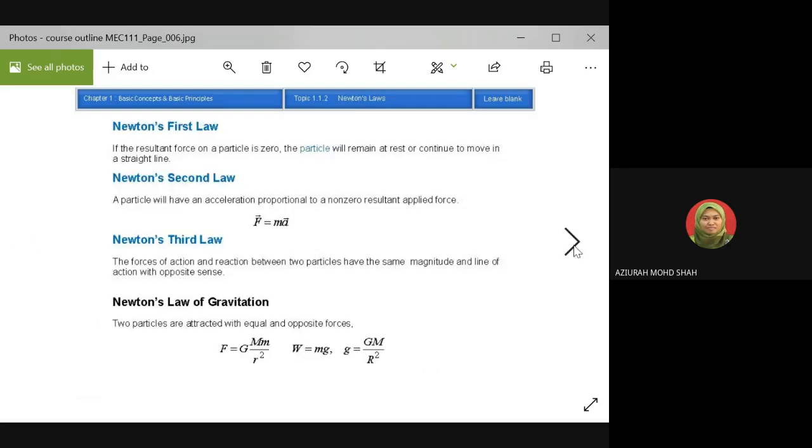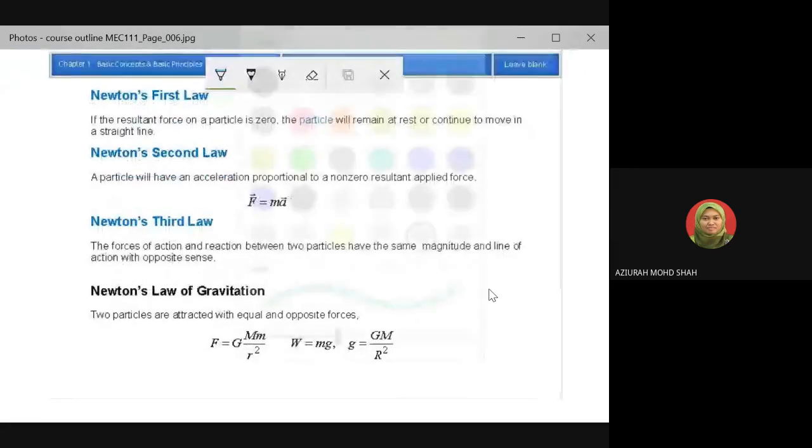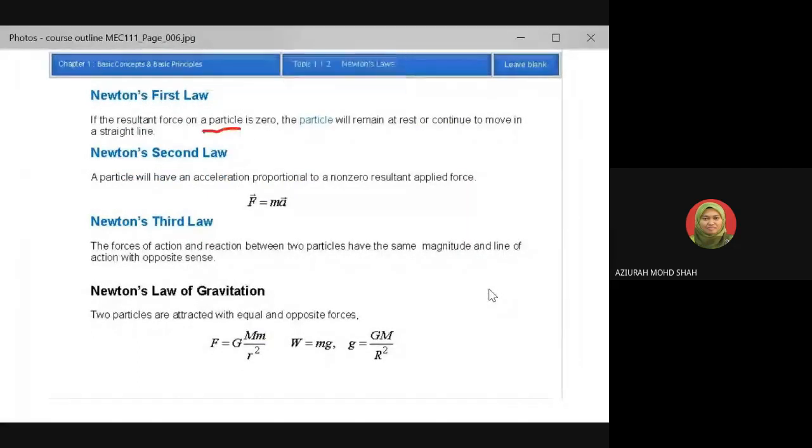Okay, dalam fizik, Newton first law, second law, third law, I don't think I want to refresh back ni, sebabnya kamu dah tengok dalam fizik. Okay, so in simple way, kalau Newton first law in terms of diagram kita tahu dah. Kalau Newton first law ni dia kata apa? Particle, resultant force on the particle is zero.